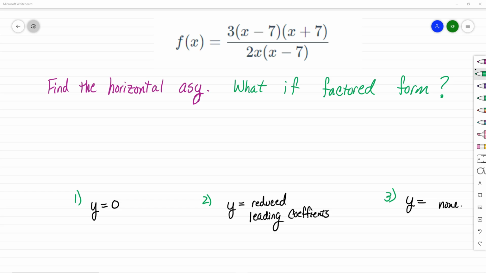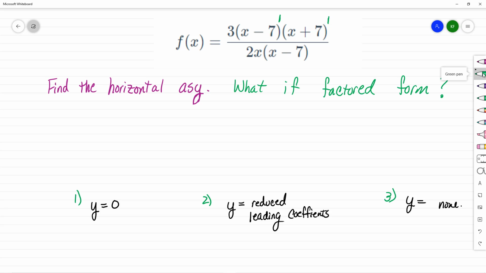So now if the function is given in factored form, we still have to be able to find the vertical asymptotes and, in this example, the horizontal asymptotes. So what if it's in factored form? What you want to do is figure out what the degree is going to be. So this is degree 1 and degree 1 because there's nothing there.